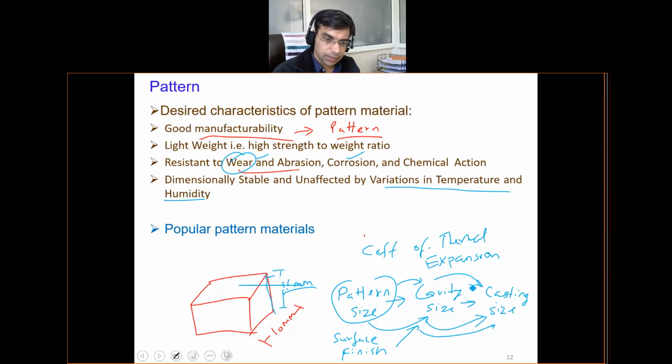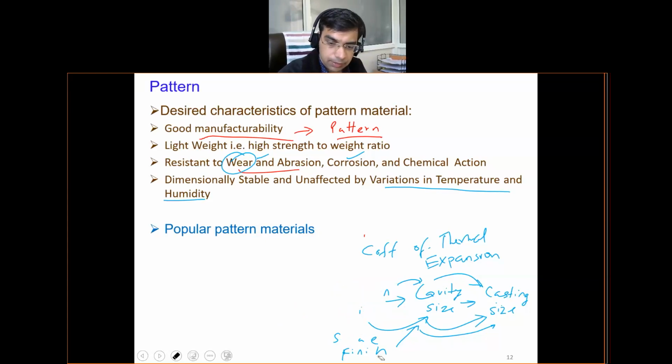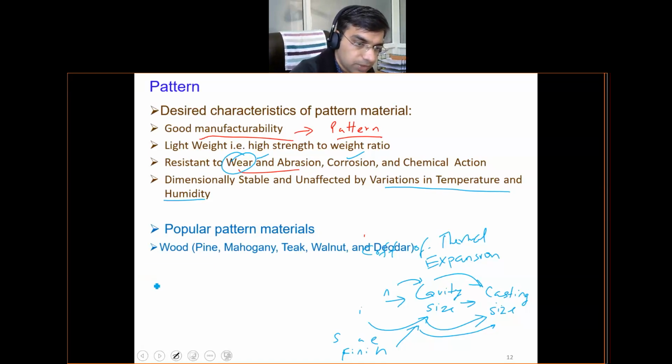Now we will see different popular materials which are used in the casting process. Casting uses a wide variety of materials as pattern materials. The most popular is wood. Generally hardwoods like pine, mahogany, teak, and walnut are used; these are hardwoods, meaning they have a very dense structure.